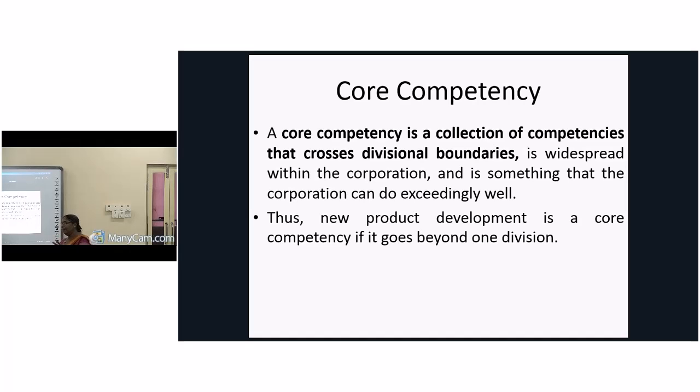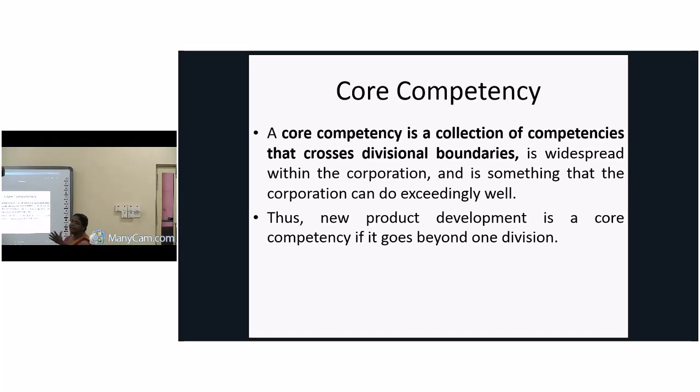For example, say the competency in a university researching. If our science faculty do research about something, then the arts faculty do research about the same thing, how to develop it, and the management faculty do research on how to commercialize the product.